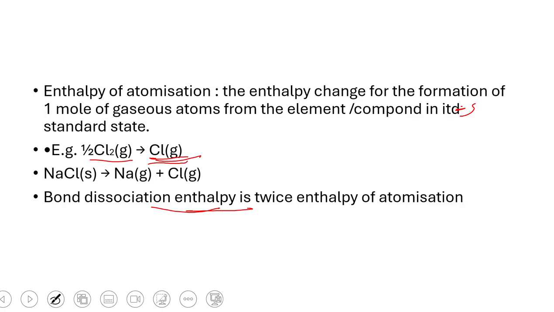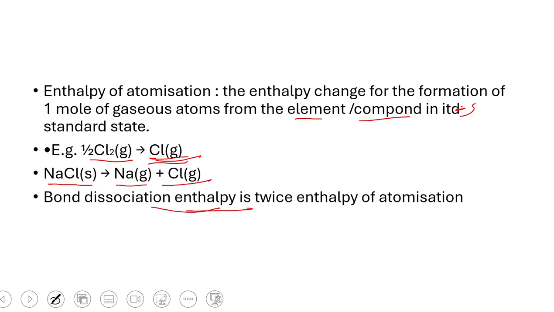And it can also be a compound. That's why it's written as a compound or an element. It can be either of them. So this is sodium chloride in its standard state, and this is 1 mole of each of the atoms in the compound in its gaseous state.